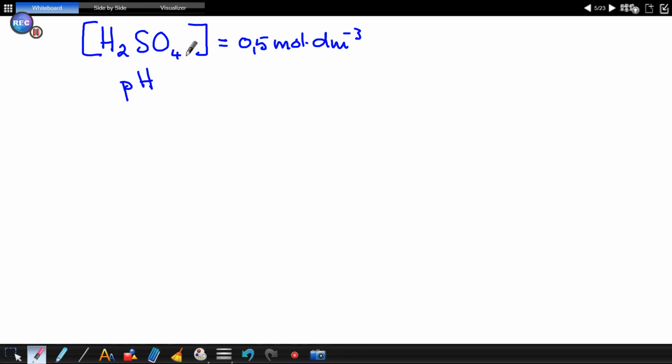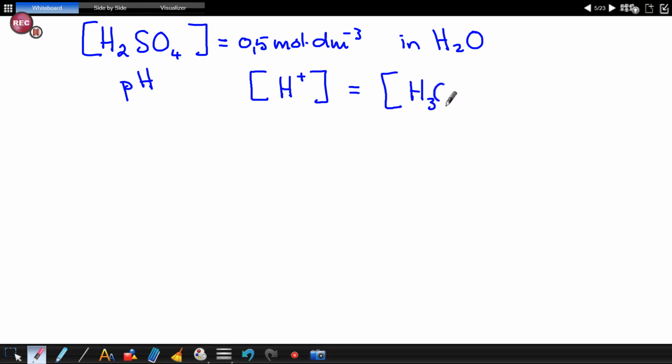Now this acid is mixed with water, so it is an aqueous solution. The water's Kw is 10 to the minus 14. That is it. What is the concentration of the hydrogen ion, or some people like to use the concentration of the oxonium ion?